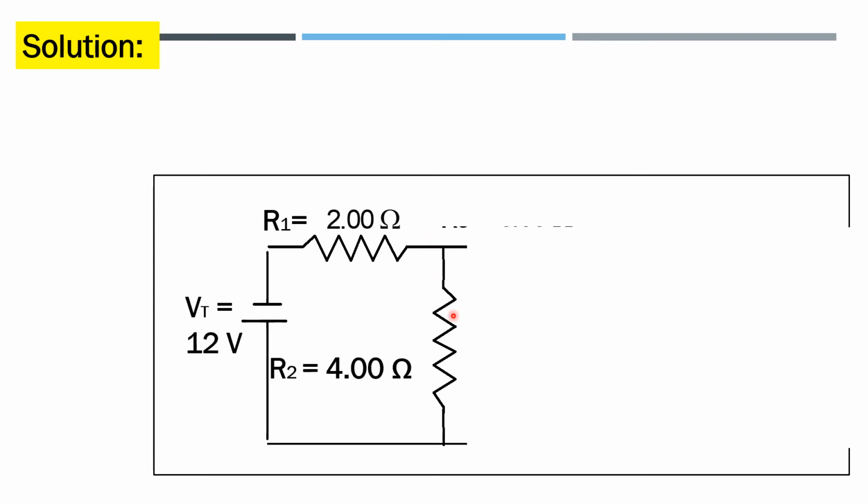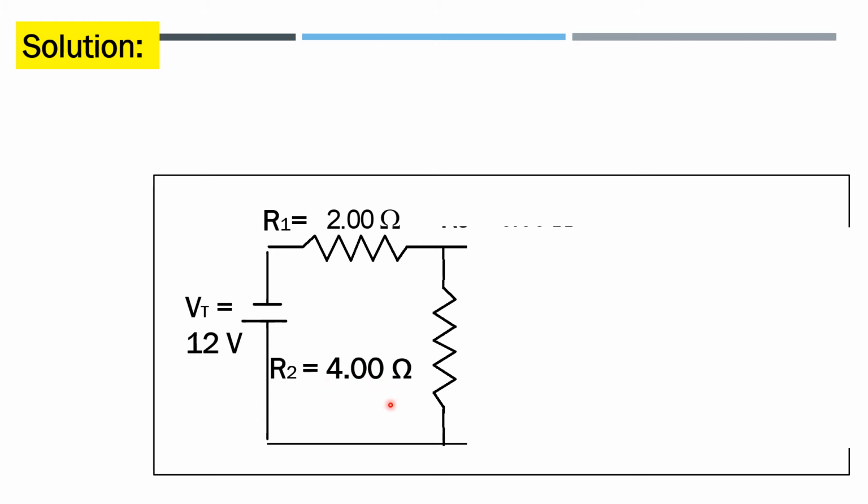Alright, so earlier we already determined the current and the voltage for R2, 3, 4, 5. It follows that R2, whose value is 4 ohms, is part of that combination R2, 3, 4, 5.